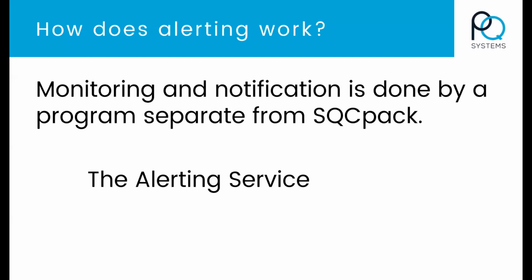So how does alerting work in SQCpack? Well, SQCpack is the program that you and your operators interact with in a user interface, and we'll look at that in just a minute. The alerting service is a separate program from SQCpack, and it runs in the background, and it does these two jobs that we just talked about, the jobs of monitoring and notification.